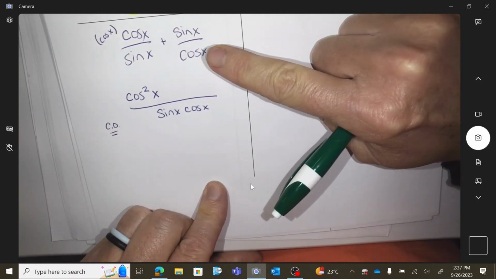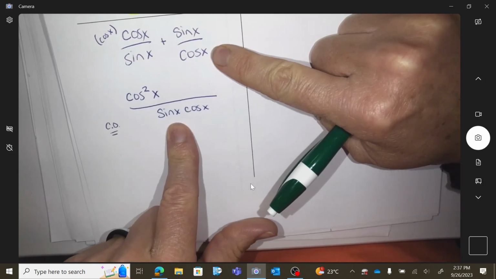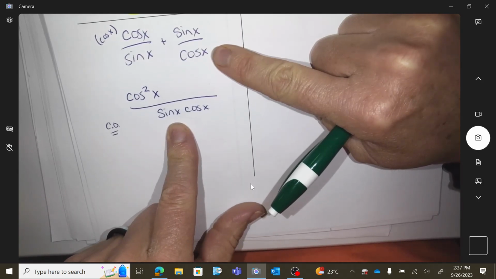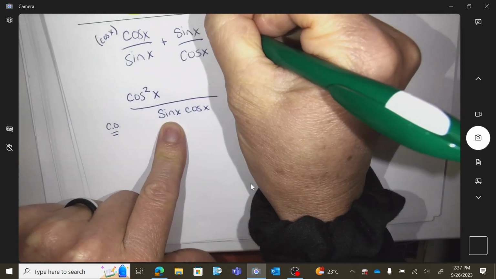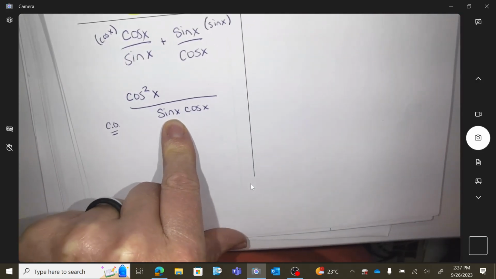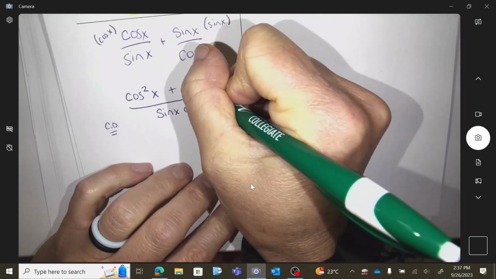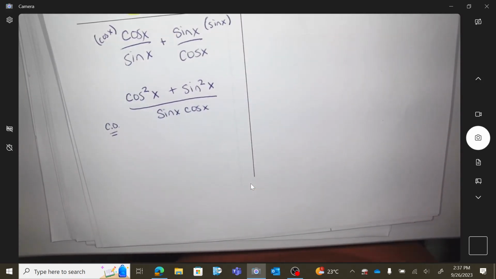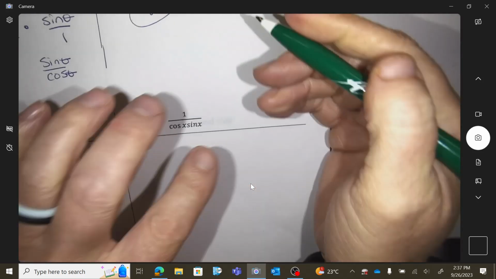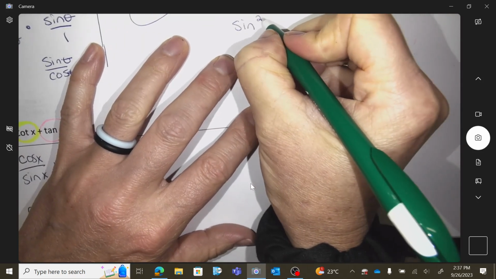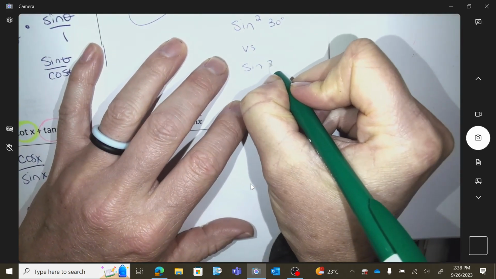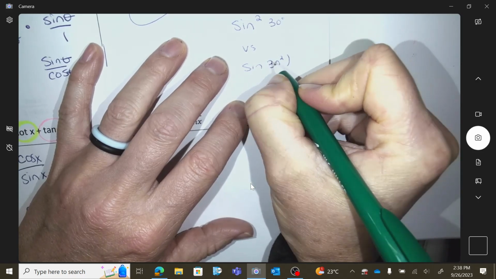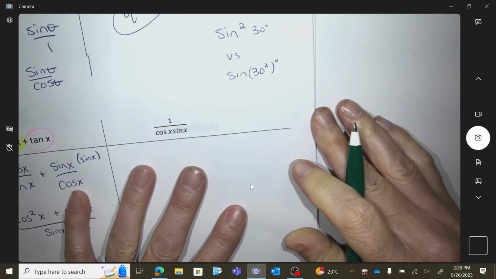The bottom of this one is cos x, and now look at the bottom. What happened to it? It got times by a sine x, so that means I would have to complete that on the top, making sine squared x. Why is it sine squared x, not sine x squared? Okay, so here would be the difference. It'd be like doing this.